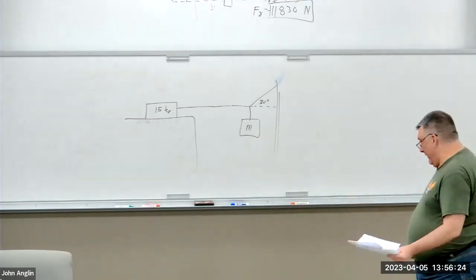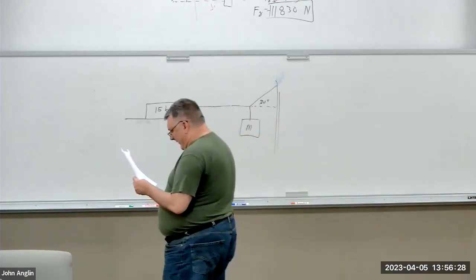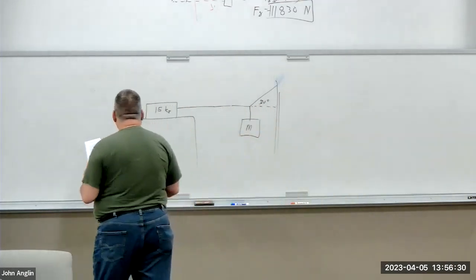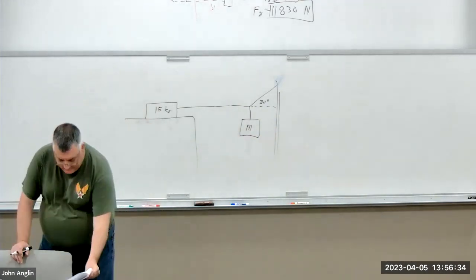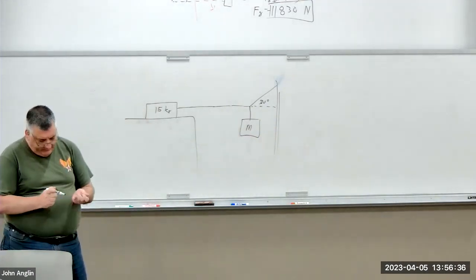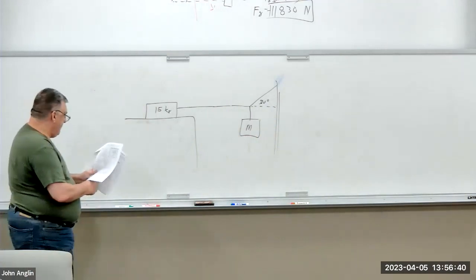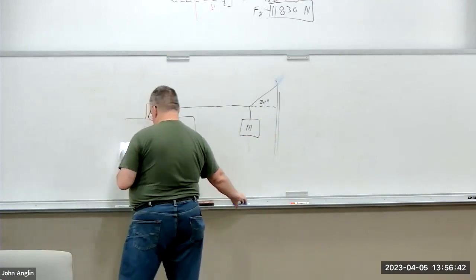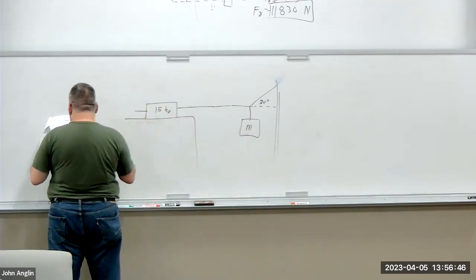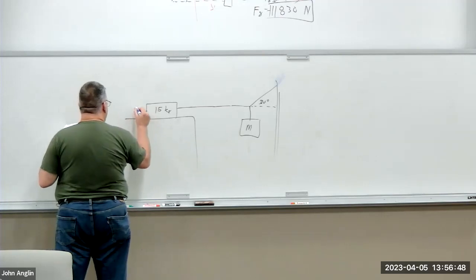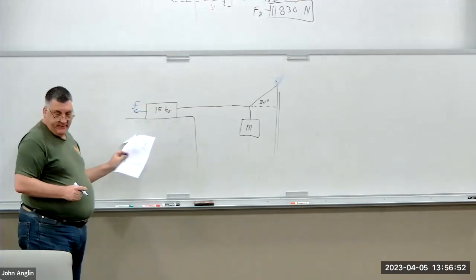So, how are we going to do this? Not really all that difficult. We need some forces. So let's start labeling things. Let's assume that there's some friction between the box and the shelf.